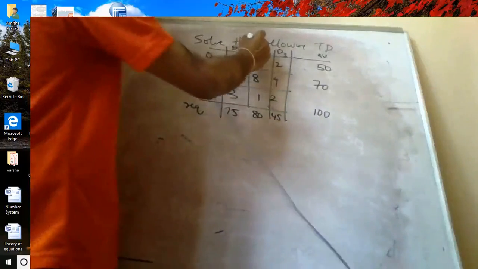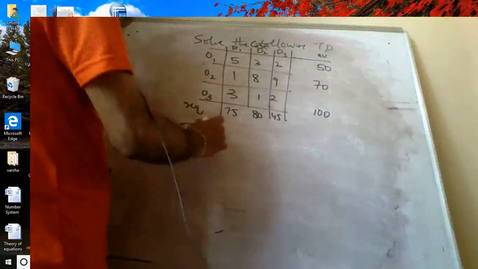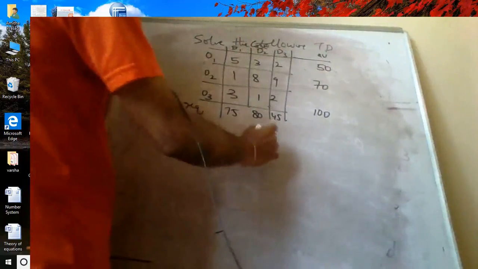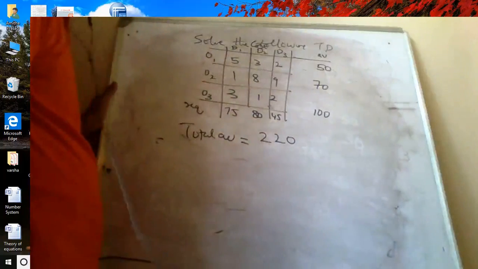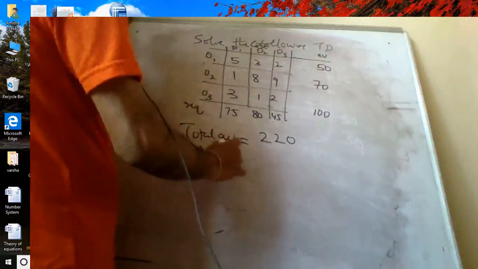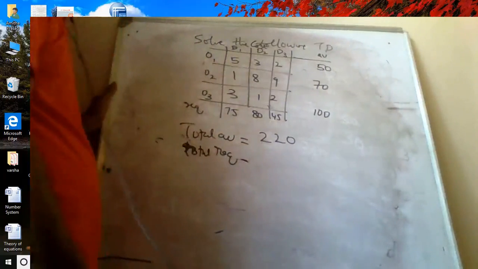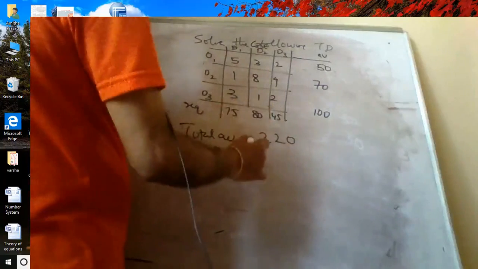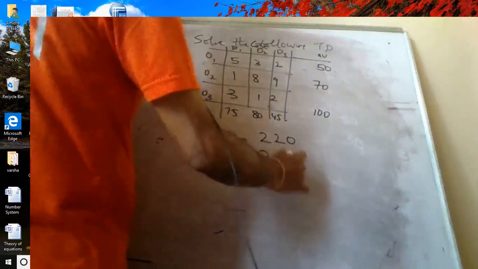No issues, cost is given. The total availability is 220. Total requirement is 200.